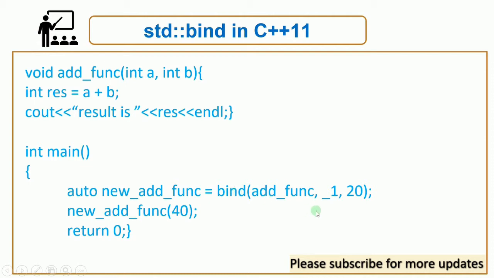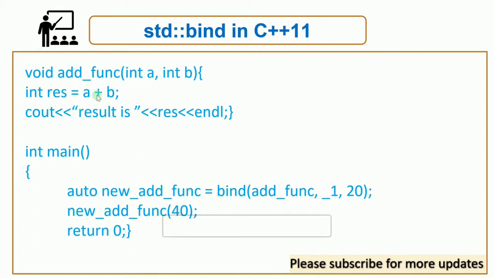So you can see here what versatility we are achieving. In this add function, we are predefining the second argument as 20. If you want, you can also modify it, even at runtime. Your function will remain as it is.